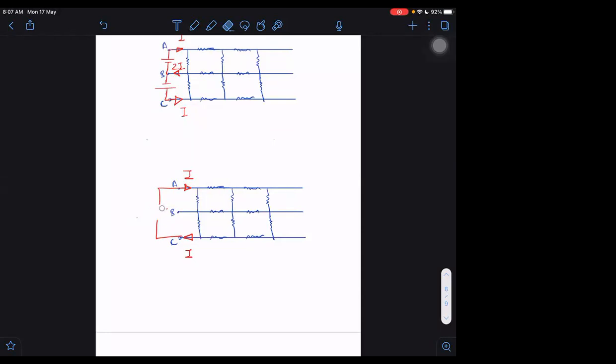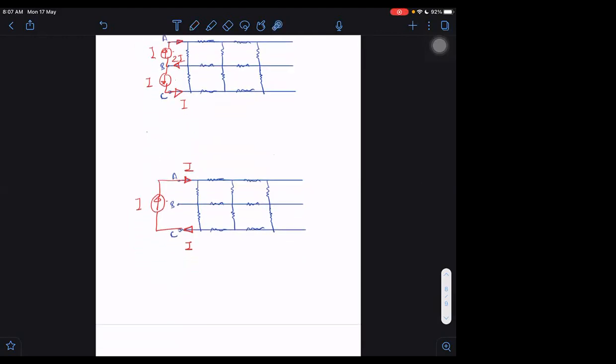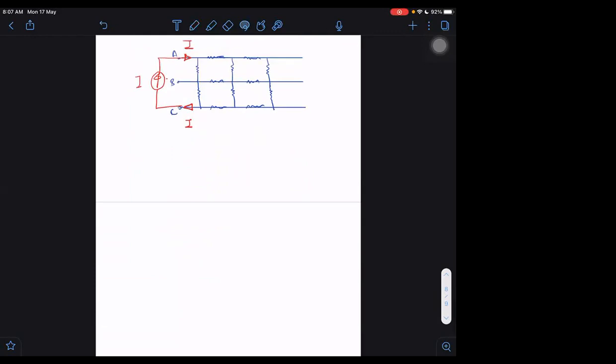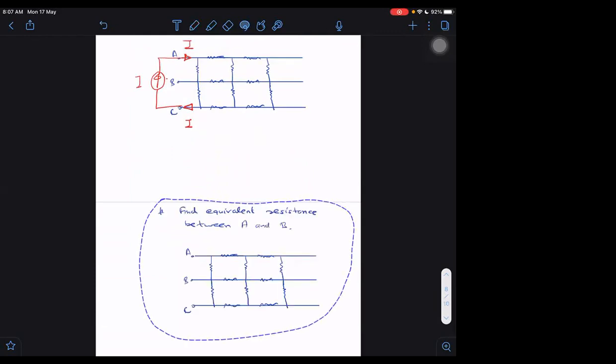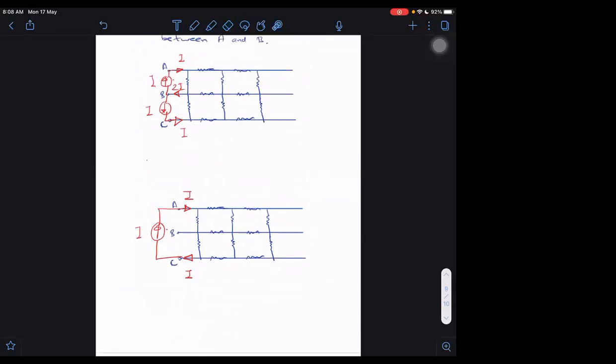I can connect current sources directly here, each of I. The superposition theorem says that if I connect all these together, then we get the resultant of the currents.